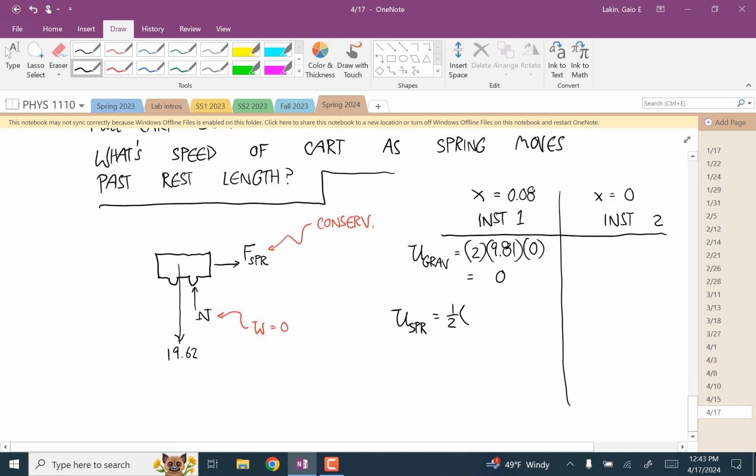That's 1/2 times 400 times 0.08 squared, and you get a spring potential energy of 1.28 joules.